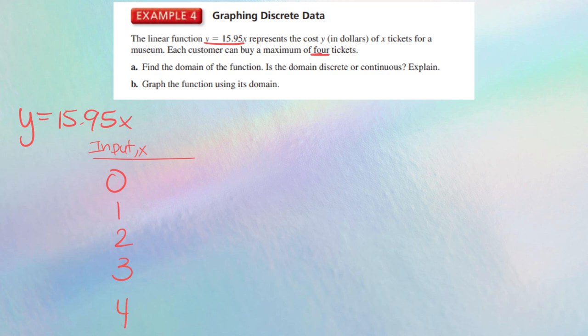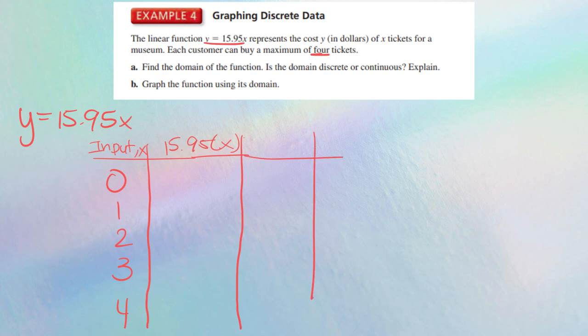Remember, we're going to use a coordinate plane eventually, and this is our ordered pair. What was the equation? 15.95 times x. And what is going to be our output? We need to work it out. And then finally, we're going to have our ordered pair. Our output is y, correct?